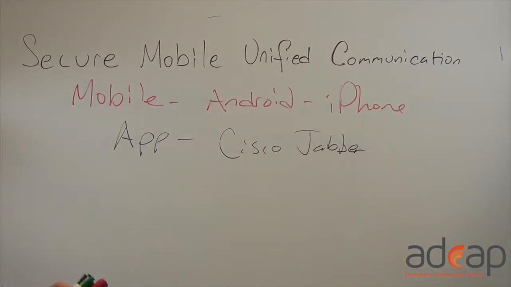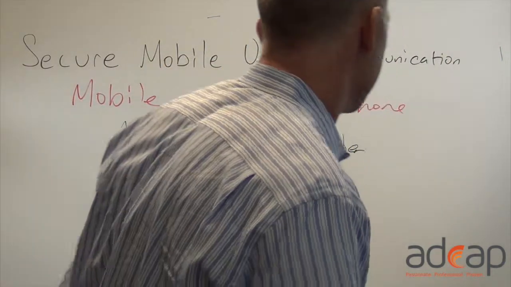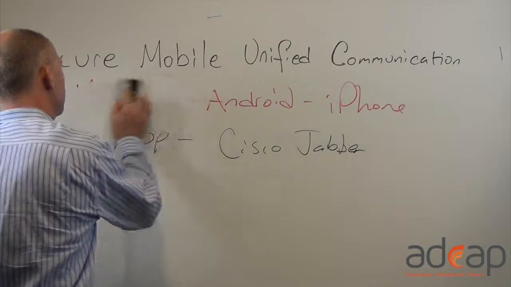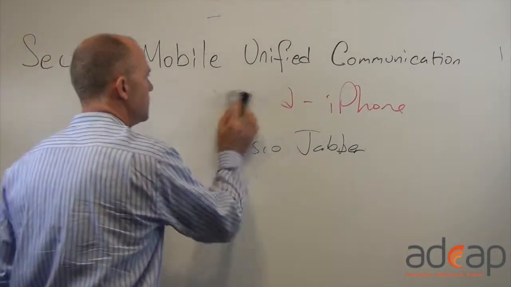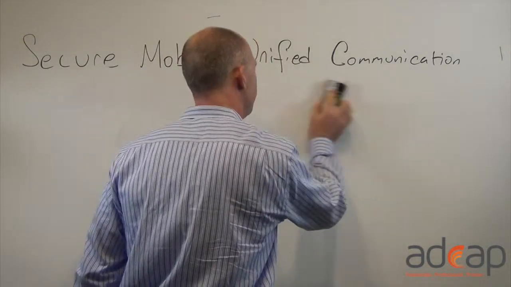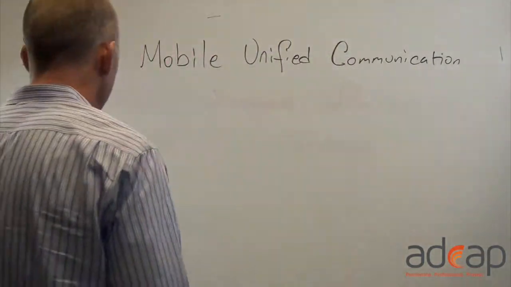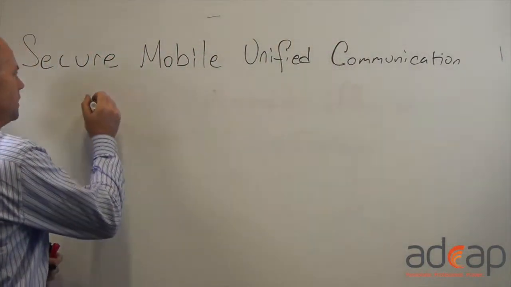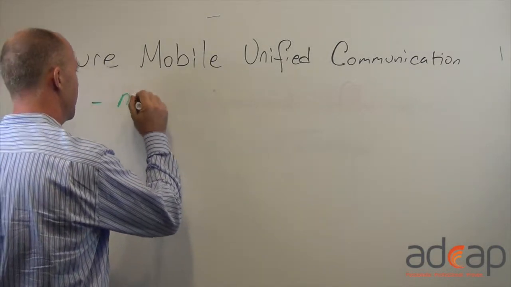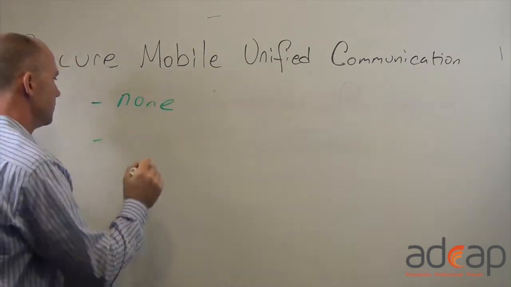So the security of it is interesting, because as we talk about security within the unified communications space, there's a few different levels of security that we can discuss. Let's say, well, first of all, none. That's kind of where we start with security.